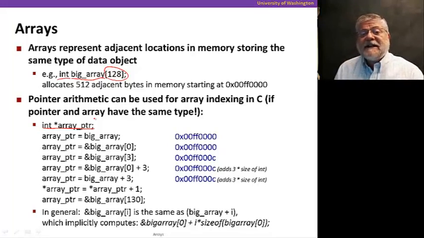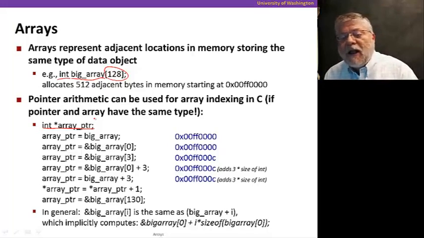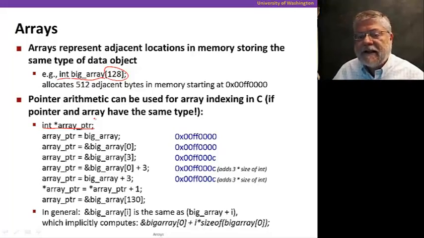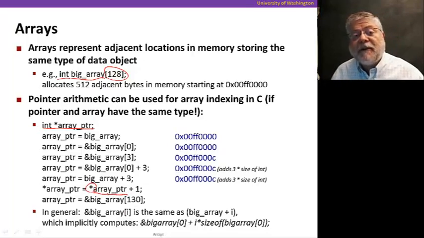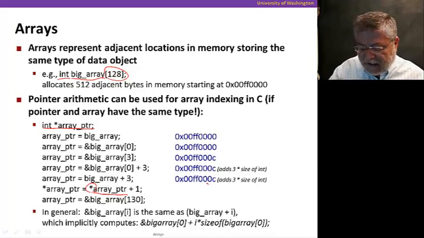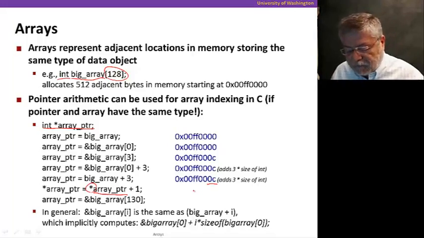All right, and this next example is a bit more complex. You'll notice that it's using 2 dereference stars, one on the left-hand side and one on the right-hand side. The one on the right-hand side is saying get the value at array_ptr and use that as an address and go get the value there. Well, what has array_ptr been set to? We had just set it to this address that ended in 0C.